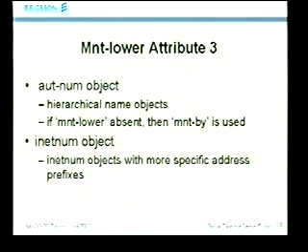Maybe you're happy with that, maybe you're not. However, the people who only have the key to the mnt-lower maintainer can only create the hierarchical named objects. What RPSL tries to do is allow you to delegate authority to different people in your organization. Okay?